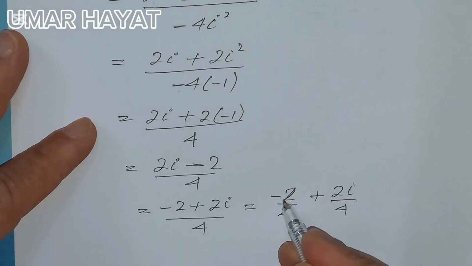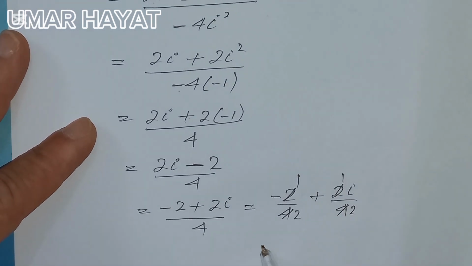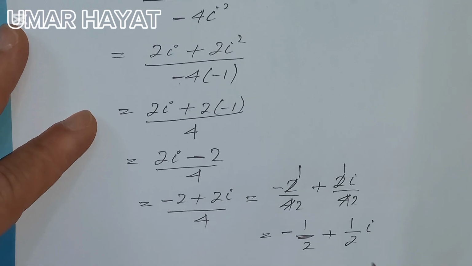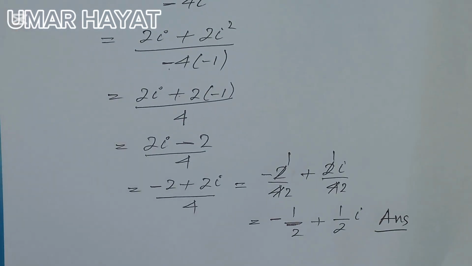So now 2 ones are 2, 2 twos are 4, 2 ones are 2, 2 twos are 4. So its a plus b iota form is minus 1 by 2 plus 1 by 2 iota. This is the answer of this question. This is the a plus b iota form of the question.